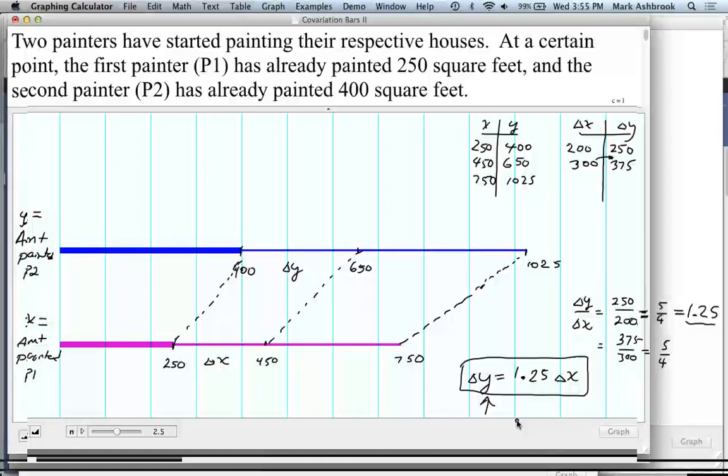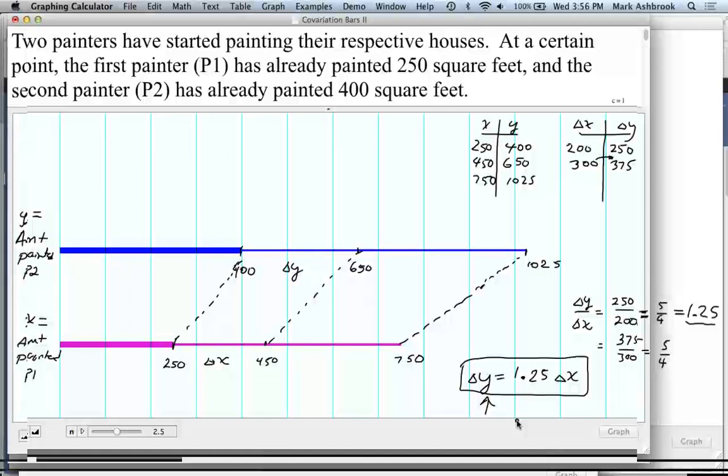Okay, cool. How about this table? Something new. Not that we have 4 or 5 things, but did you come up with a different meaning of the 1.25? Well, we said each additional change of square foot painted by painter 2... Well, I think for every square foot that painter 2 paints depends on how much painter 1 painted.